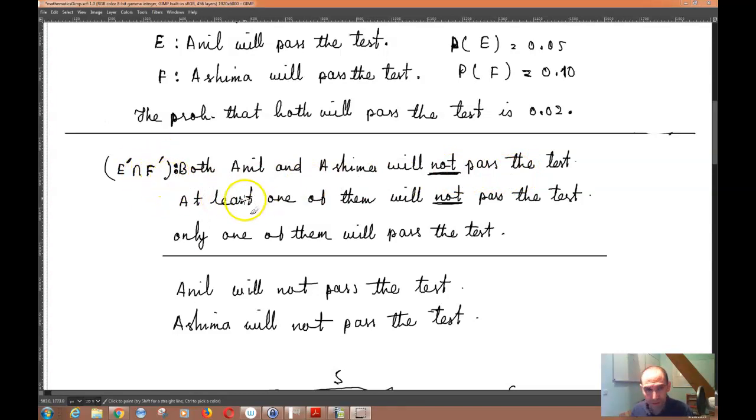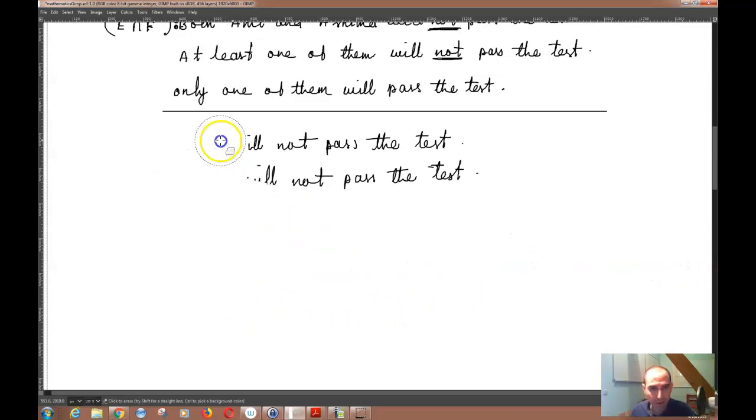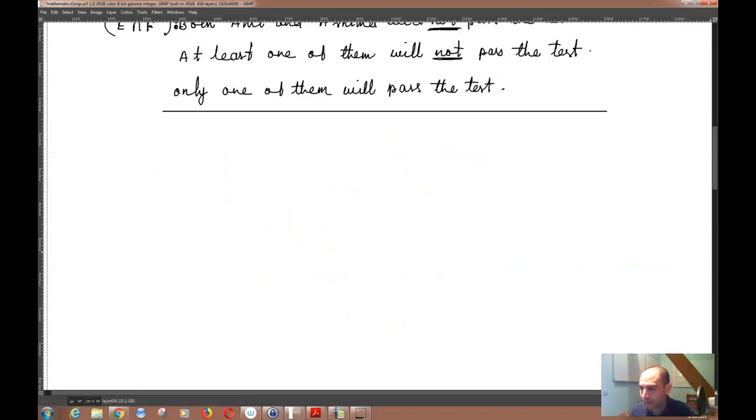Now, of course you know that E prime is the same thing as not E, which means that Anil will not qualify the examination.